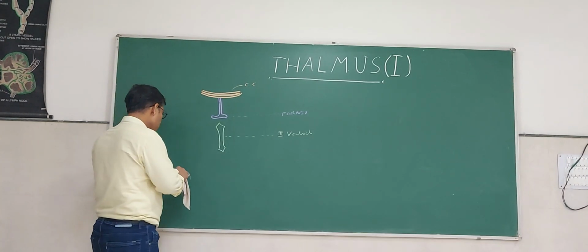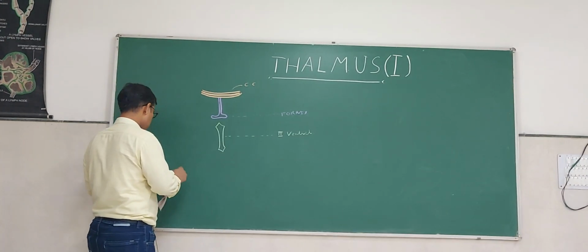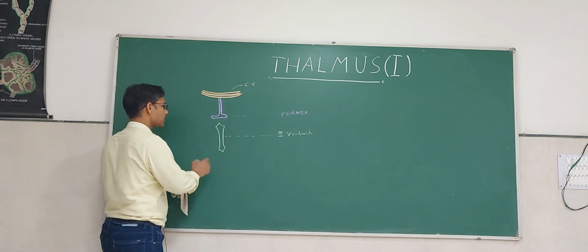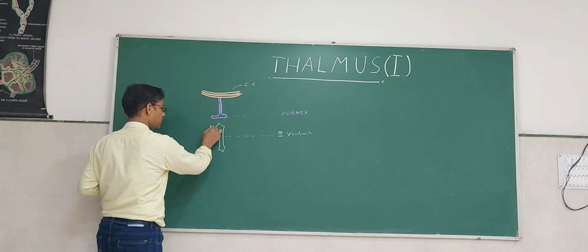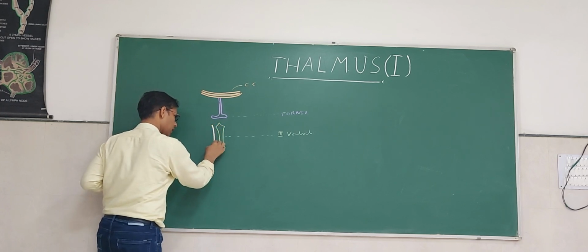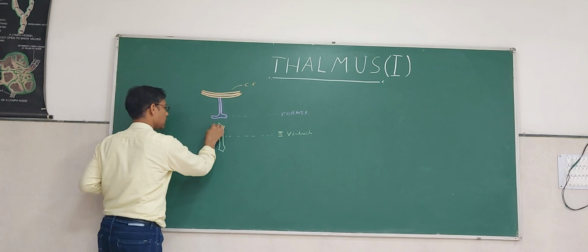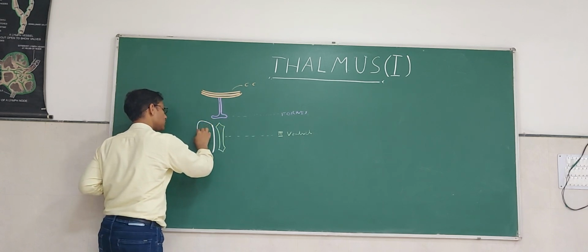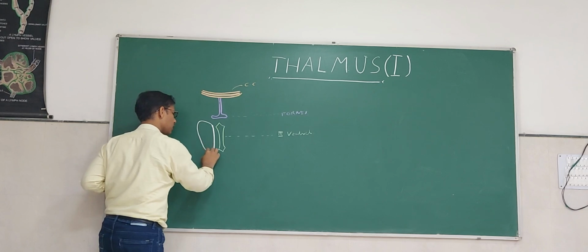Next to this, there is the thalamus, which is an almond shaped structure situated lateral to the third ventricle.